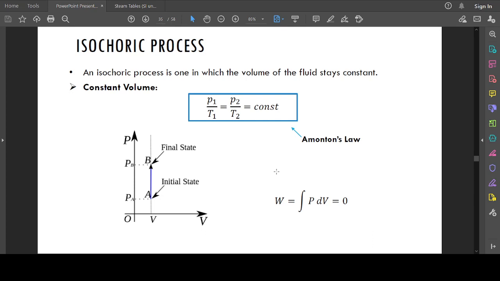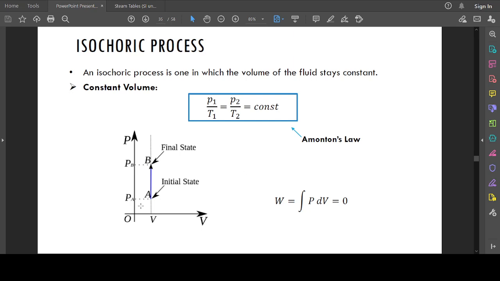That is given as P1 over T1 equals P2 over T2, where 1 means the initial state and 2 means the final state. P and T are pressure and temperature, and the ratio is equal to a constant. This equation is referred to as Amonton's law.